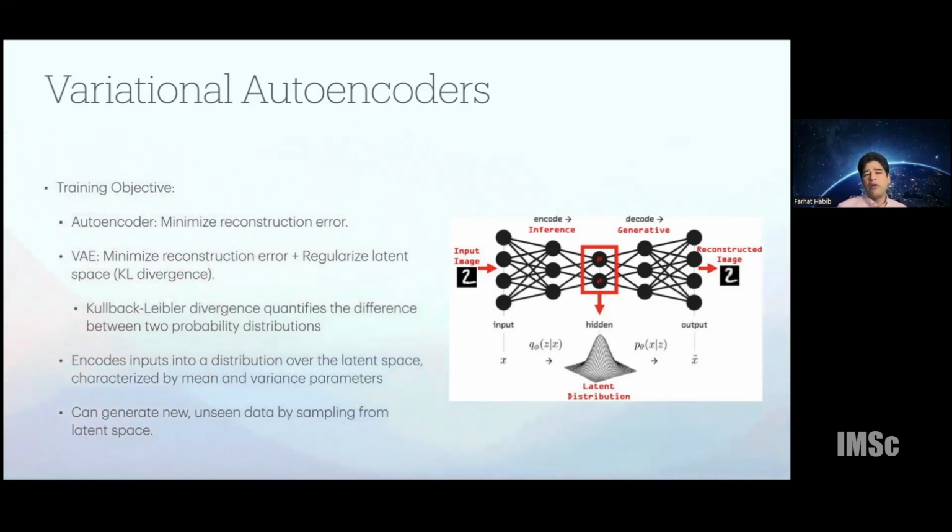An autoencoder's training objective is mainly to minimize the reconstruction error. That is, you try and reconstruct the original data set as closely as possible. With a variational autoencoder, what we try to do is to minimize the reconstruction error plus regularize the latent space. What I mean by regularizing the latent space is that we want the distribution of the points in the hidden layer, or the middle layer, to follow a certain distribution.